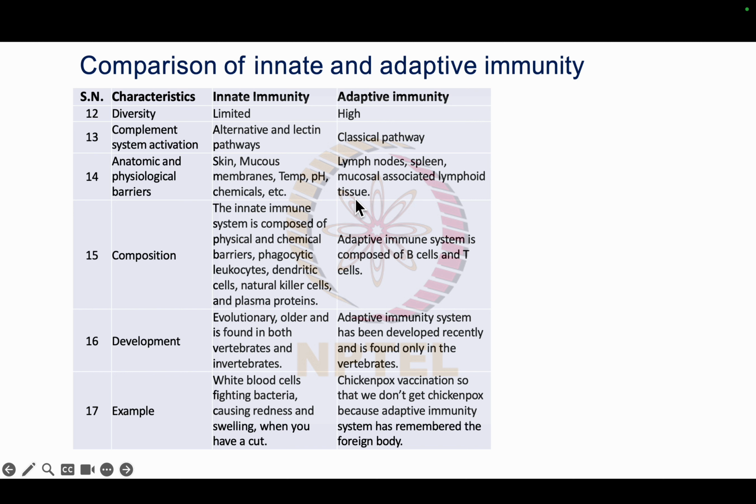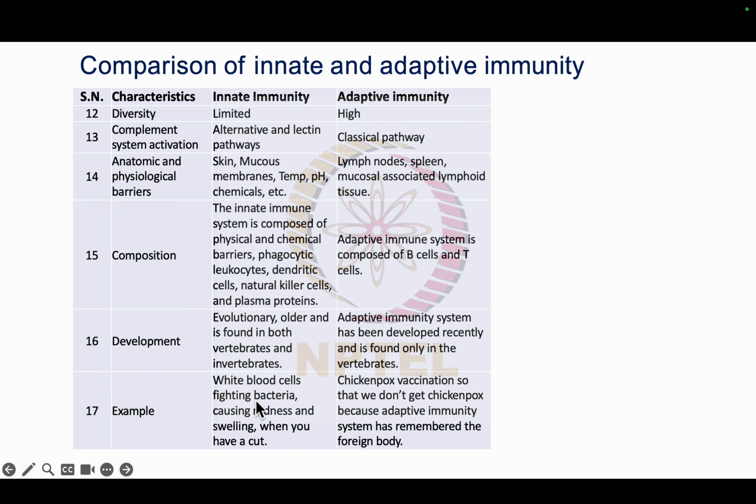Adaptive immunity: lymph nodes, spleen. Innate is composed of physical and chemical barriers and phagocytic leukocytes. Adaptive is composed of B cells and T cells. Innate immunity development is evolutionary, older, and is found in both vertebrates and invertebrates. The adaptive immunity system has developed recently and is found only in vertebrates.